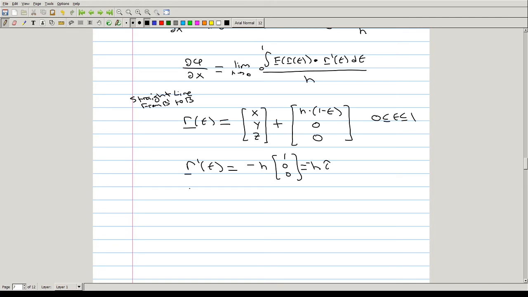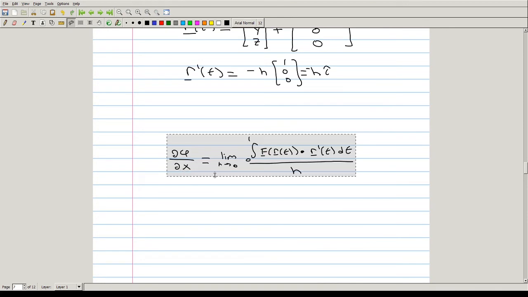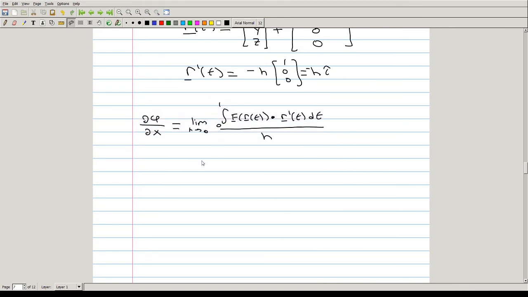And if we plug in to this equation, then this becomes the integral of f of r.